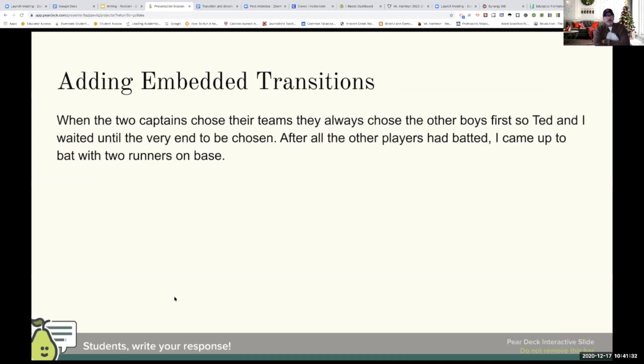So two singular transition words and one phrase.